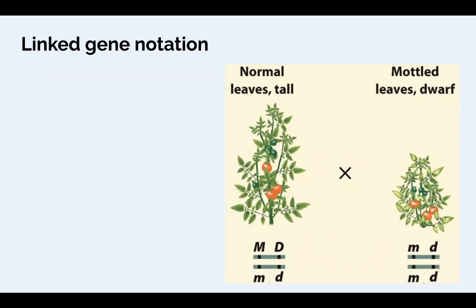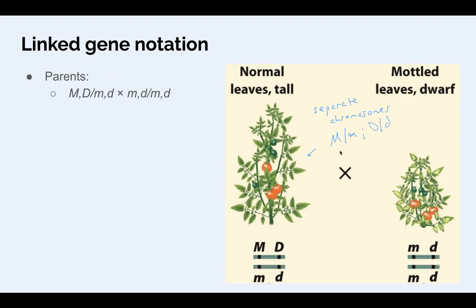Another thing we're going to introduce as we move forward here is a notation to keep track of our genes. So we saw before, if you had a heterozygous individual, right, if we had this individual, if they were separate chromosomes, then this individual over here would have, we just say big M slash little m semicolon big D slash little d.